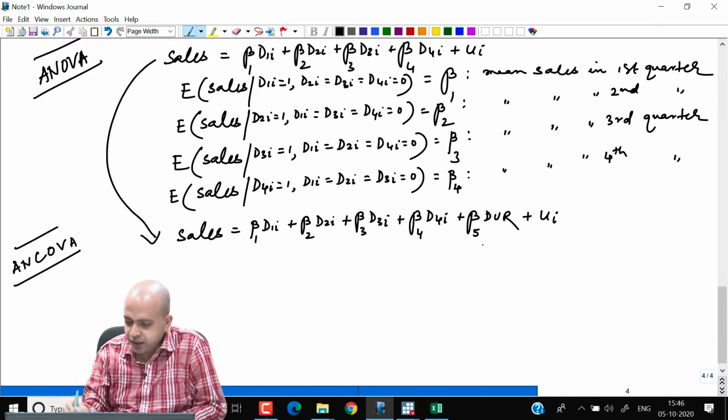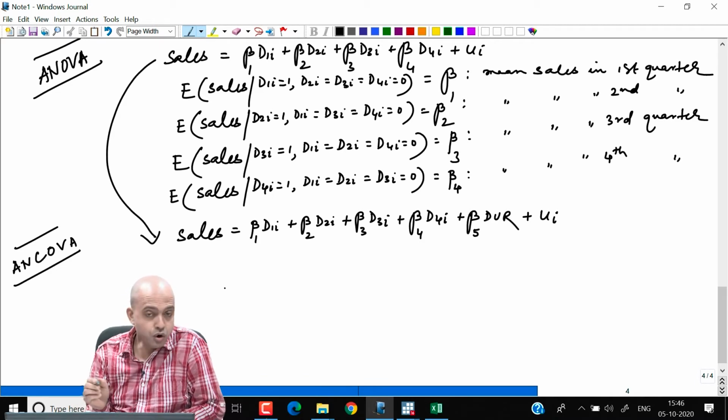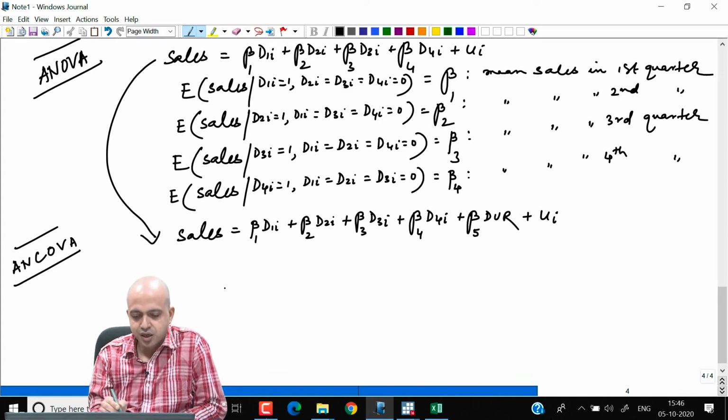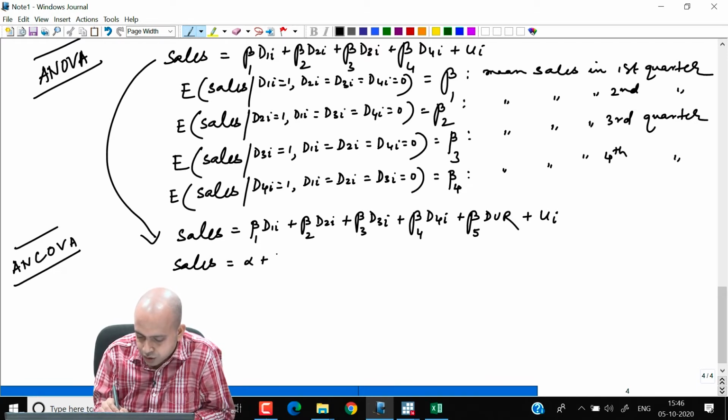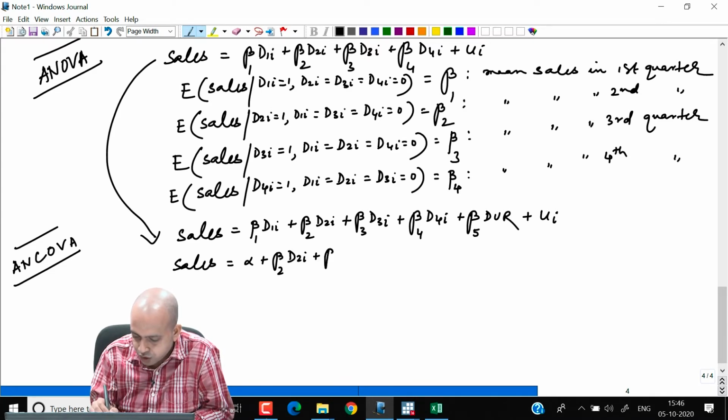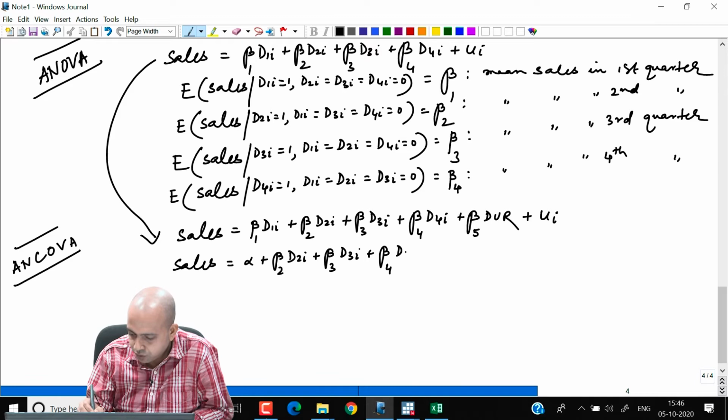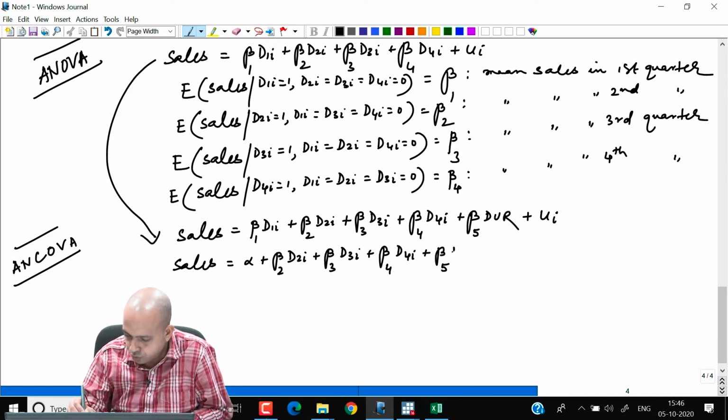You can set either this type of model for dummies, or if your objective is to consider one category as base and include a dummy, then you can introduce this type of model also: alpha plus beta 2 d2i plus beta 3 d3i plus beta 4 d4i plus beta 5 durables plus ui.